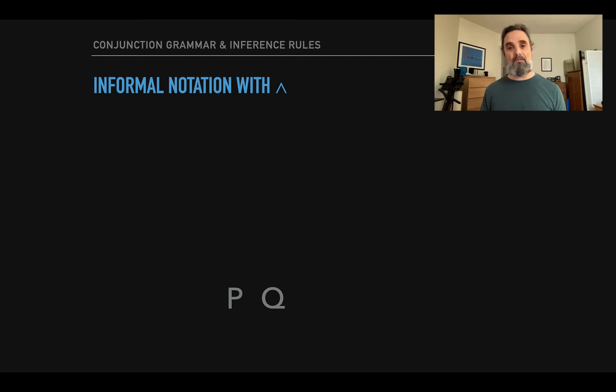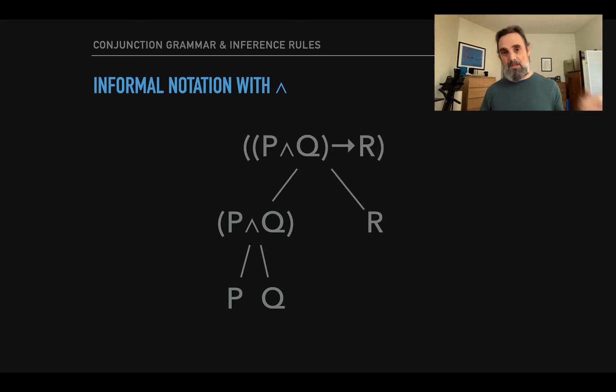We can also build sentences that combine conditionals and conjunctions. Let's say we take P and Q and put them together to form P and Q. We know that R is a sentence letter, but instead of putting these two into a conjunction to make that sentence, we can make a different sentence that's the conditional. This says, if P and Q are both true, then R is also true.